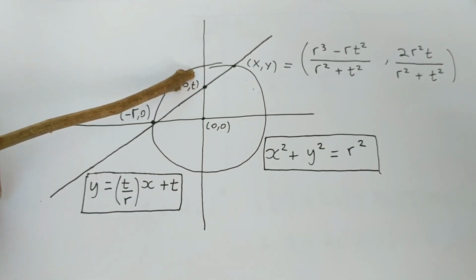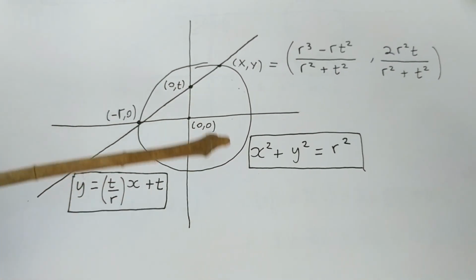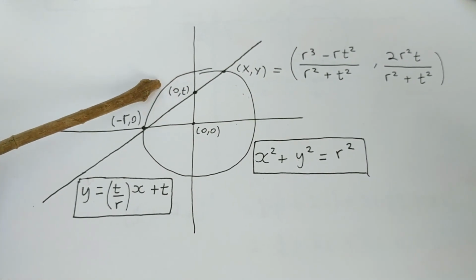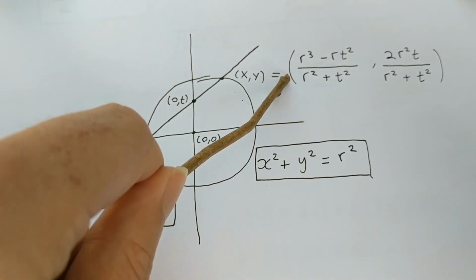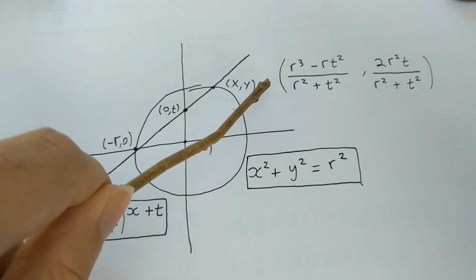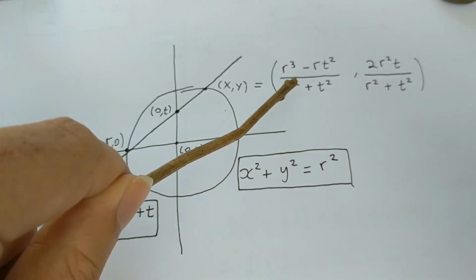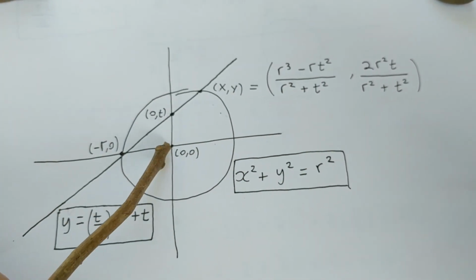We can let t be any rational number, positive or negative, and then this formula here gives us a point upon this radius r circle centered on the origin.